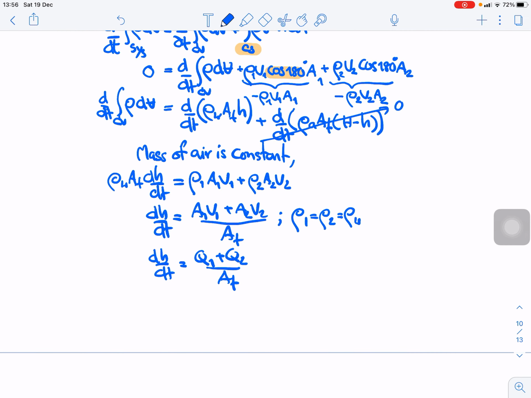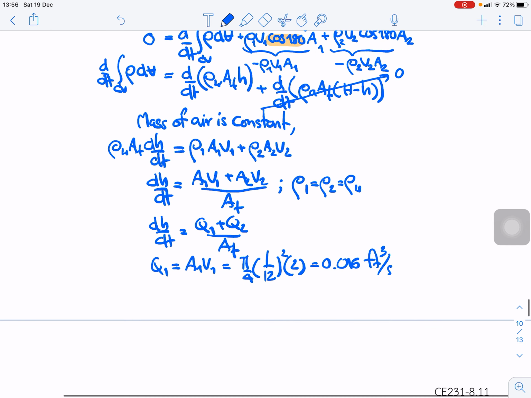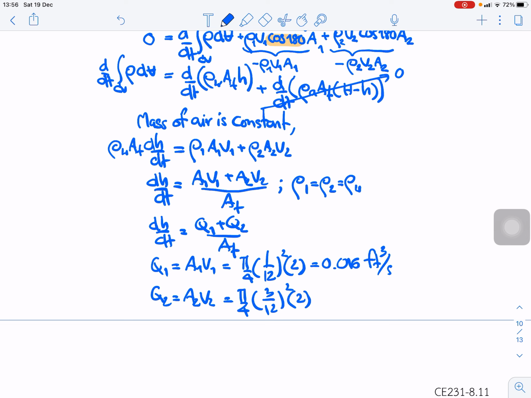Next, Q1 is equal to A1 V1, which is pi over 4 times one over 12 foot squared times the velocity, which is 0.016 cubic feet per second, and Q2 is equal to A2 V2, converting to feet, times velocity.